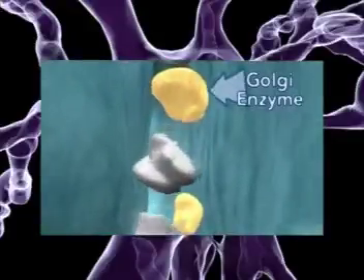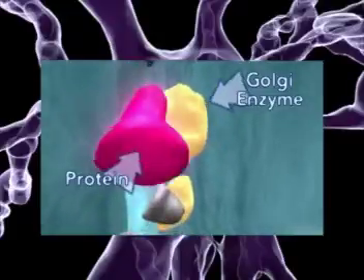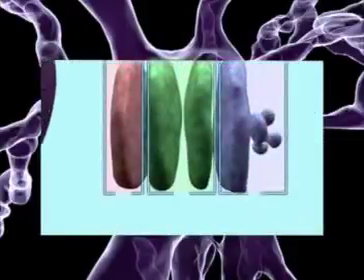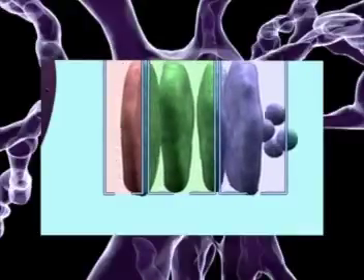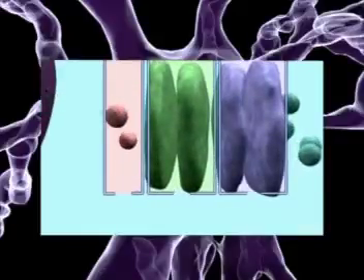Enzymes present in the Golgi lumen modify the carbohydrate or sugar portion of the glycoproteins by adding or subtracting individual sugar monomers. In addition, the Golgi apparatus manufactures a variety of macromolecules on its own, including a variety of polysaccharides.